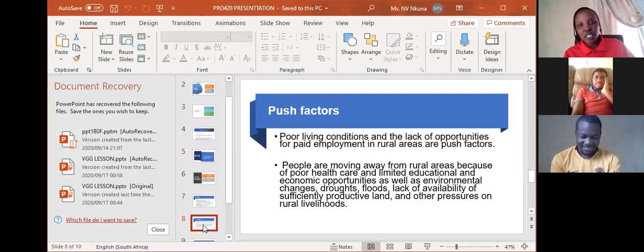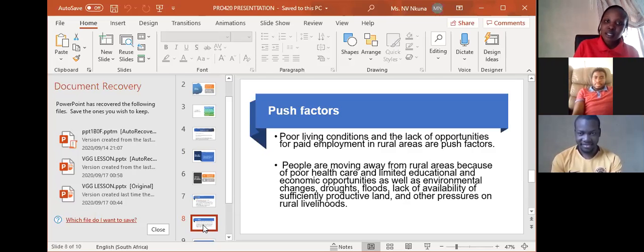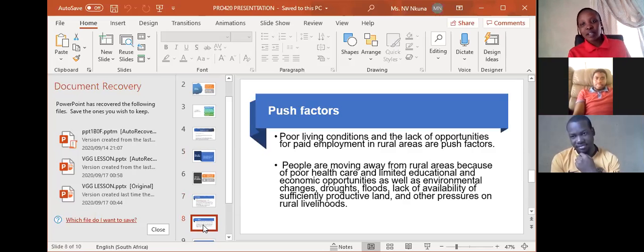Poor living conditions and lack of opportunities for paid employment in rural areas are push factors. People are moving away from rural areas because of poor health care, limited educational and economic opportunities, as well as environmental changes such as droughts, floods, lack of availability of sufficiently productive land, and other pressures on rural livelihoods.